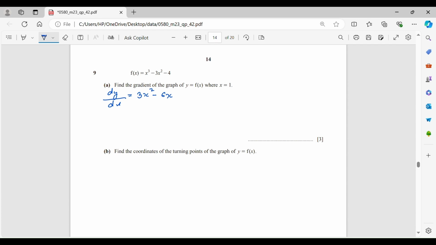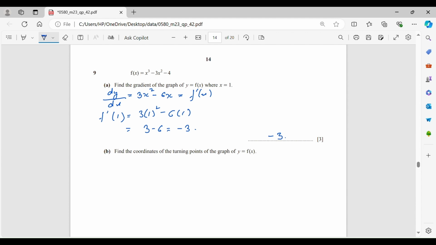That is dy by dx. Now f at x is 1 will be equal to 3 bracket 1 square minus 6 into 1, right? This will be equal to 3 minus 6, which is equal to minus 3, right? So our answer is minus 3. So gradient is minus 3 at x is equal to 1.